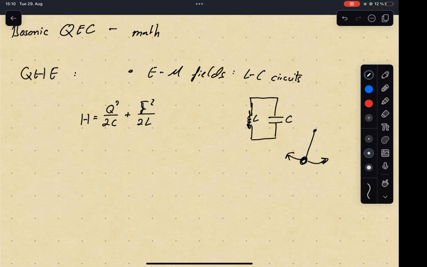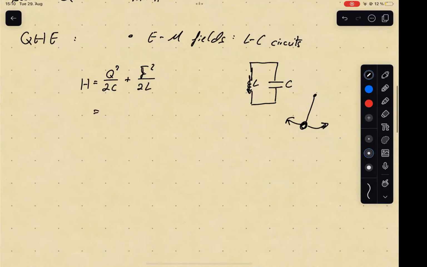All of this is actually not important, because what we're going to do is put Q equals P. Typically the convention is the other way around, but let me just say Q I'm going to call the momentum, phi I'm going to call the position, and I'm going to put C and L to 1.